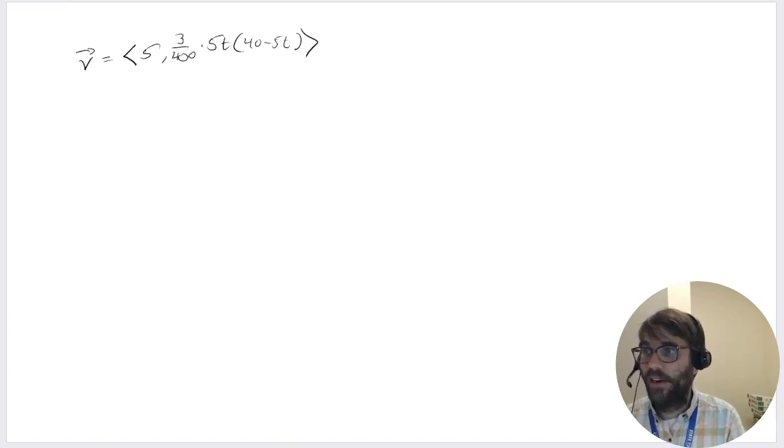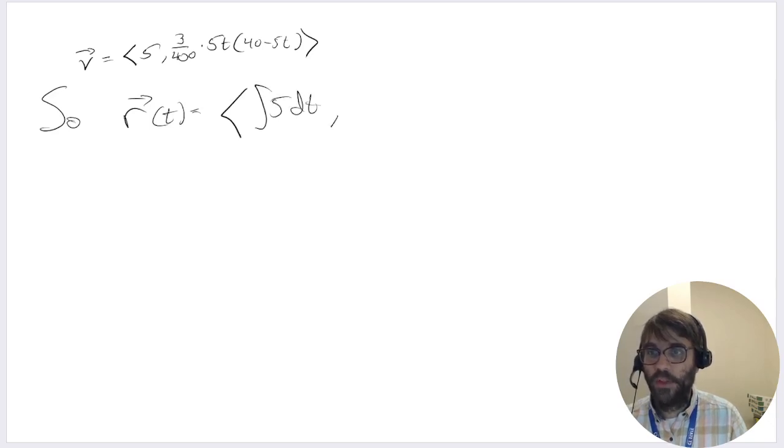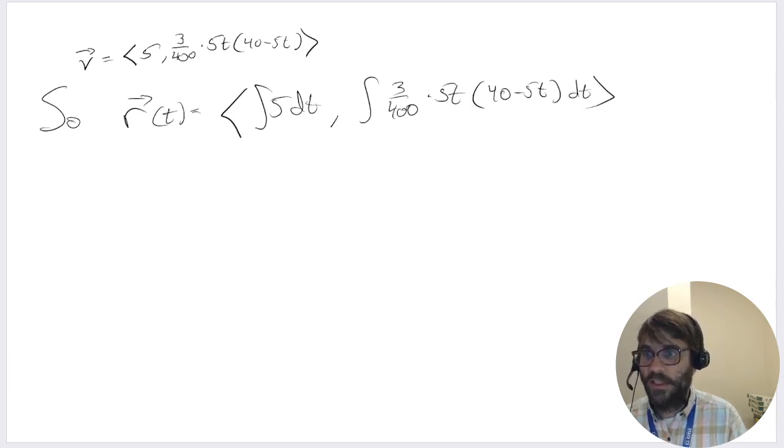And now we can find our integral. So r of t is going to be the antiderivative of both of these. The integral of 5 dt, and the integral of 3 over 400 times 5t times 40 minus 5t dt.